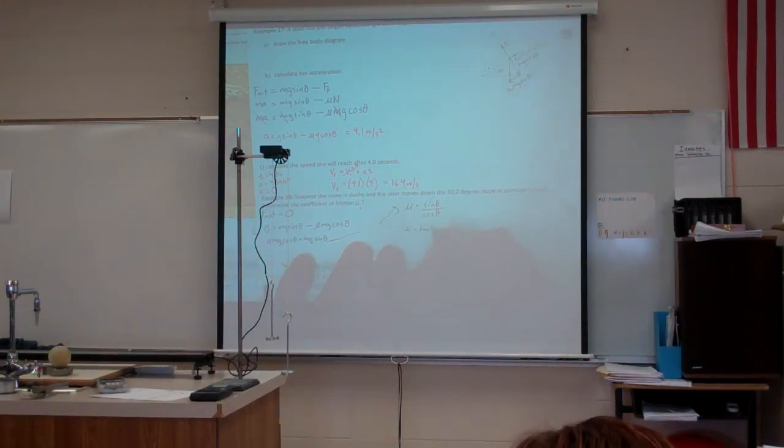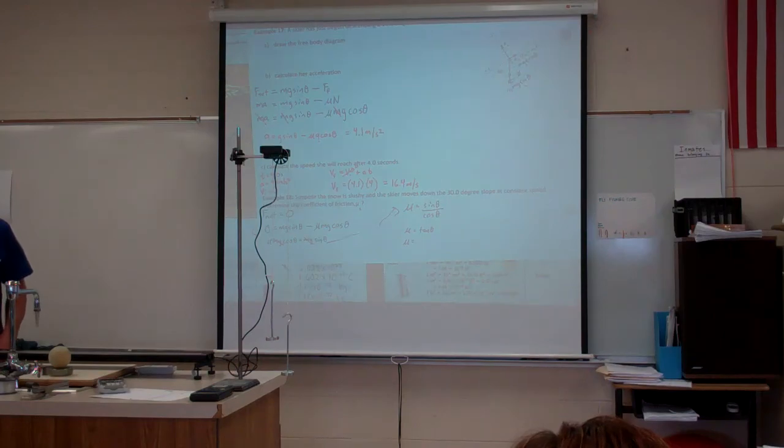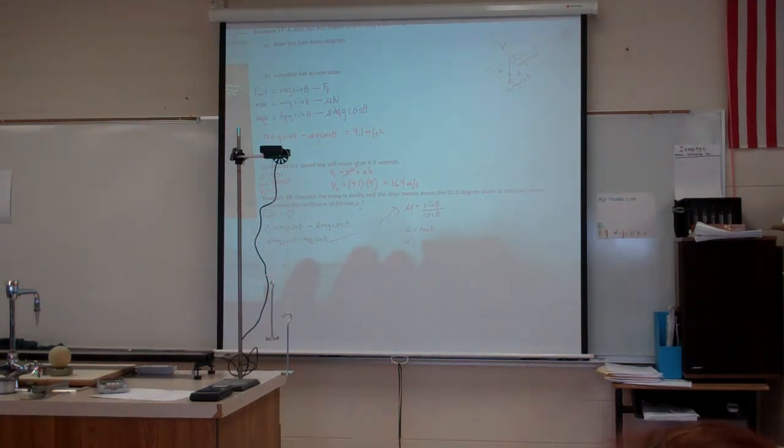Not always. Only in this situation where we've got an F net of 0. Up here, not the case. So let's plug in tangent theta and get an answer. If I rounded correctly, I got 0.58.